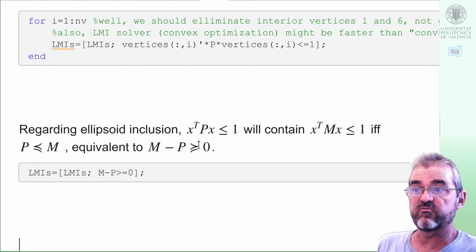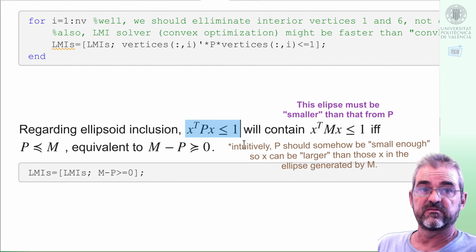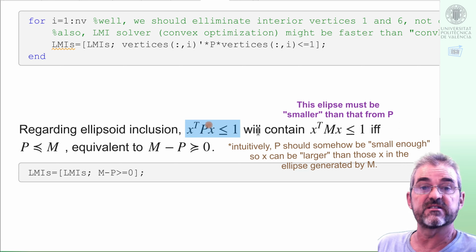Next, if we want this ellipse to be inside this ellipse, then from ellipse theory, in fact we have other videos in this collection devoted to it, the thing is that intuitively, if P is multiplied by 4, let's say, then x is divided by 2 in order to keep this inequality. So the larger P is, the smaller the geometric body it represents.